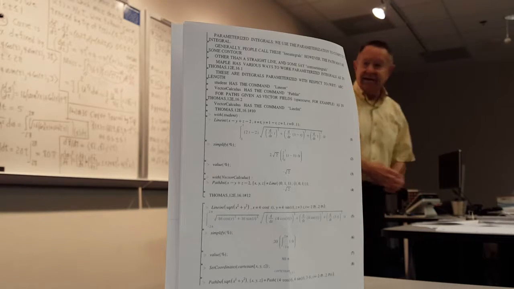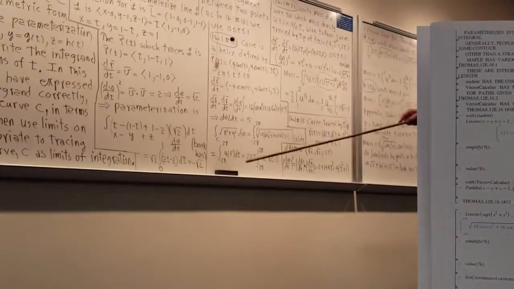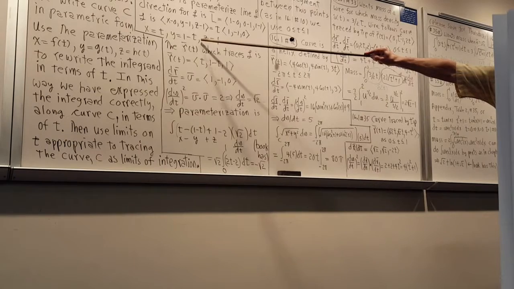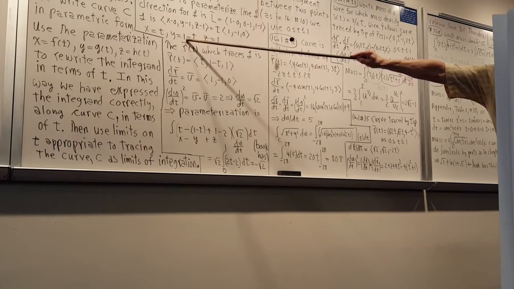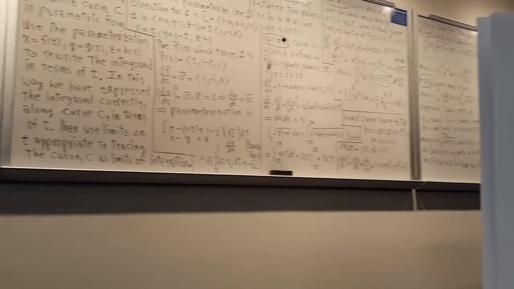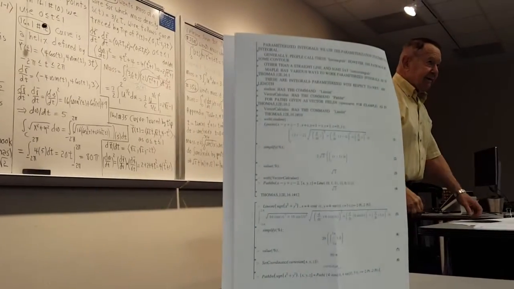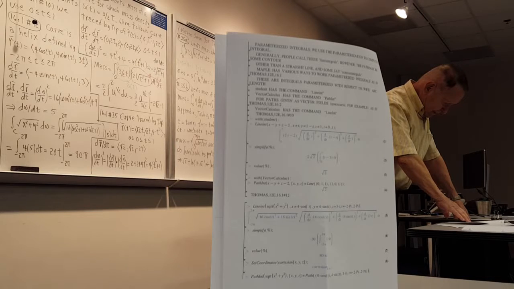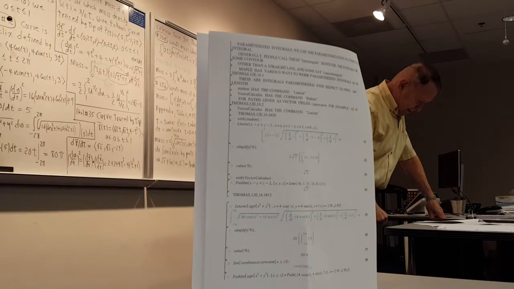If you're using vector calculus and PathInt, you don't actually have to figure out this parameterization that we do by hand. It does that for you, and it'll just tell you the answer.